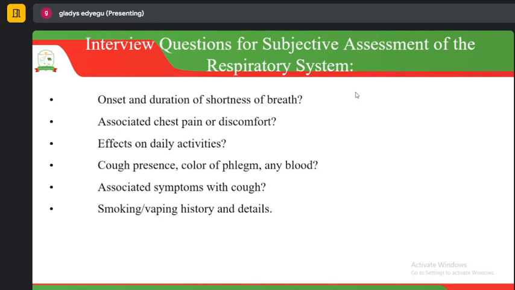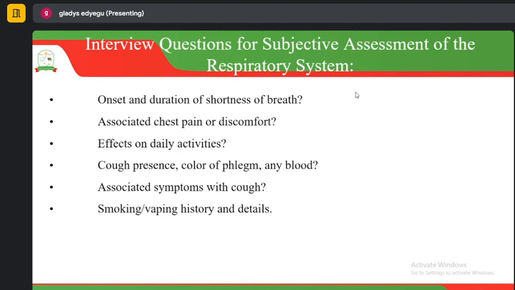Then cough, presence, is there a cough, and what is the color of the cough? The patient may tell you, when I cough, I release sputum, and maybe it is bloody or it is just mucoid and so forth. So all that you can interpret, and you can come up with the right diagnosis and make the right judgment and treatment for your patient.